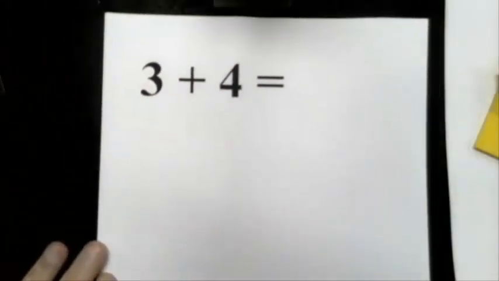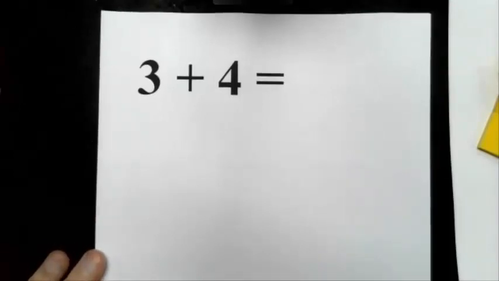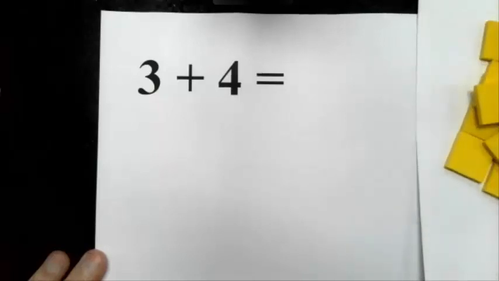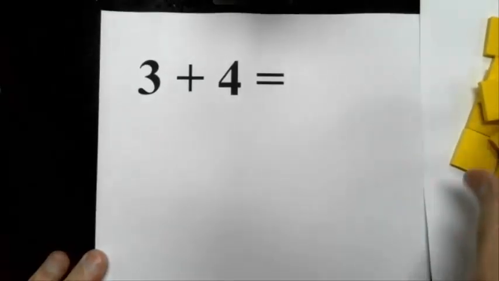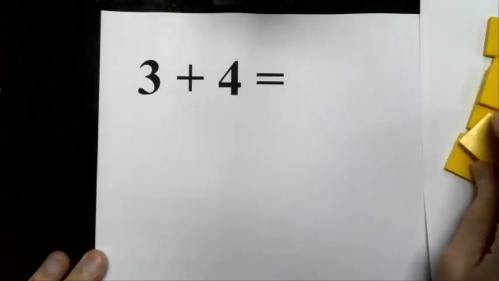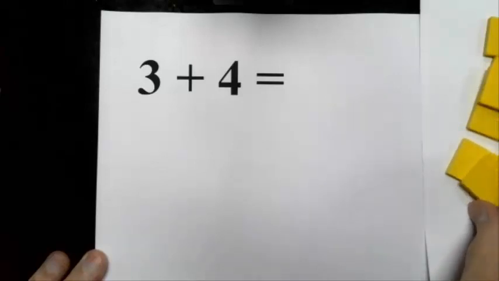And we'll look at our first problem. 3 + 4. I should mention that our yellow counters will represent the positive and the red counters will represent the negative. So each yellow counter is +1.